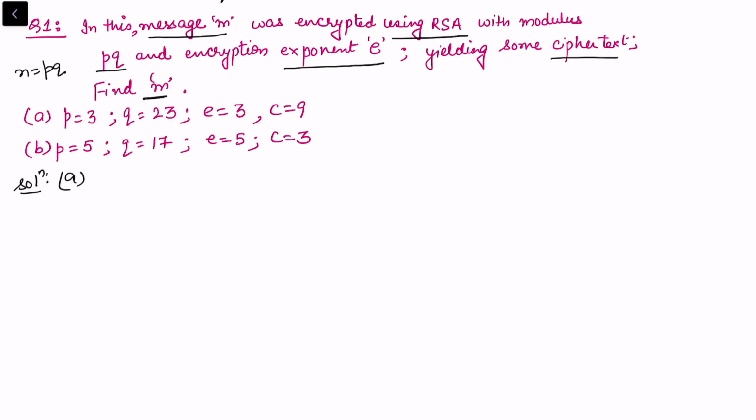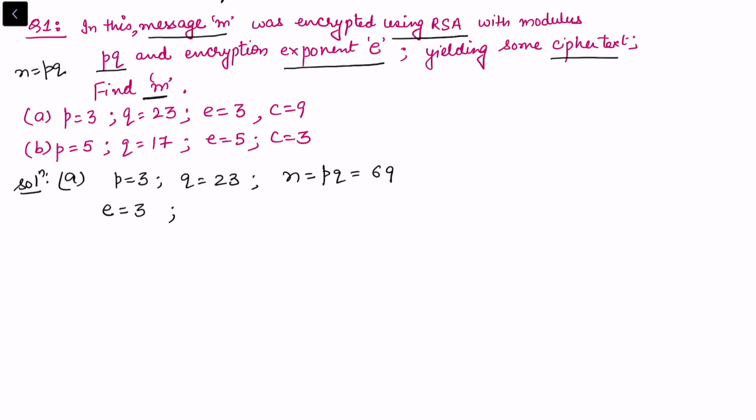In the first part, it is given P is equal to 3 and Q is equal to 23. So let's find N. The modulus N, which is PQ, is equal to 69. We also know E, the encryption exponent, is 3.